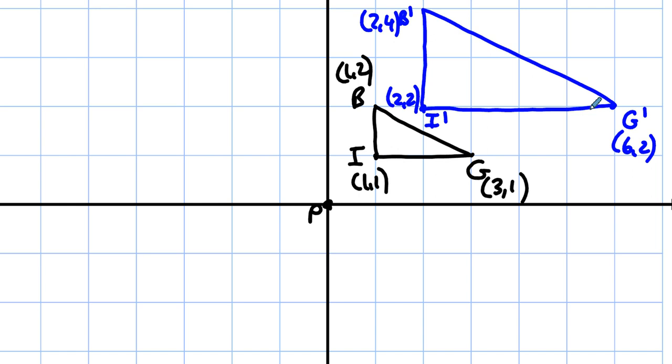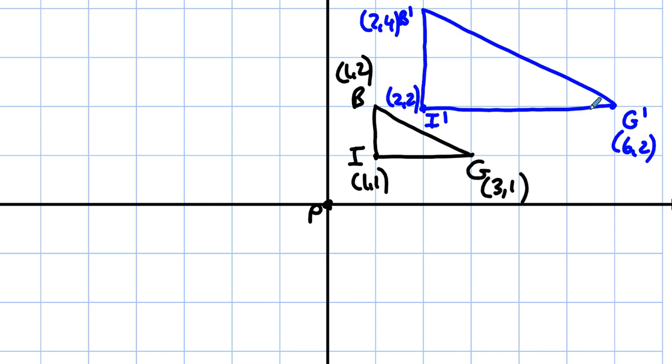Dilations are not isometries. They are not congruence relations. They are similarity transformations. Orientation is preserved in a dilation as long as the scale factor is a positive number, and I really don't know what it means to have a scale factor be a negative number, although some people do talk about negative dilations, and what they mean is that they do a half turn and then a dilation, but that's neither here nor there.